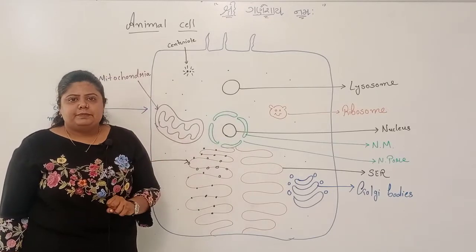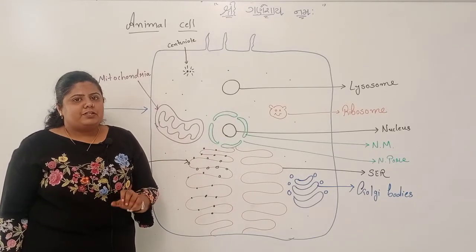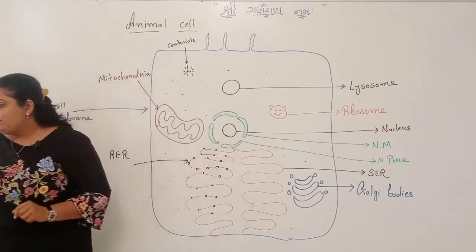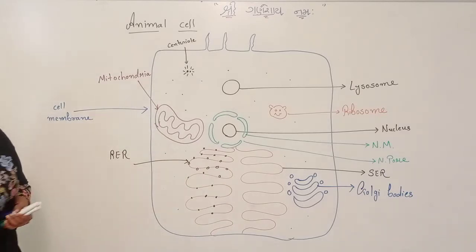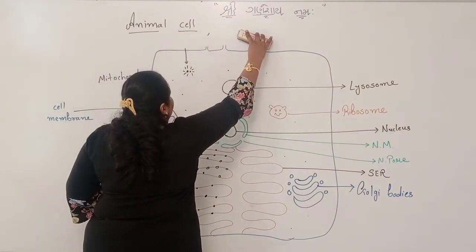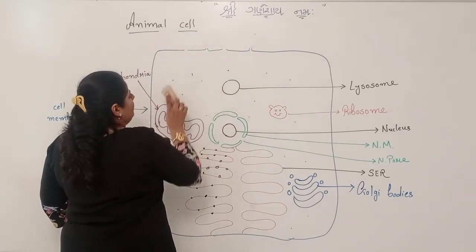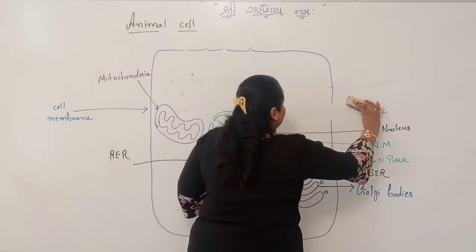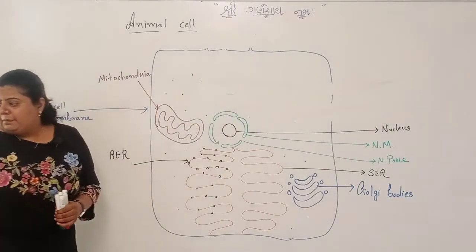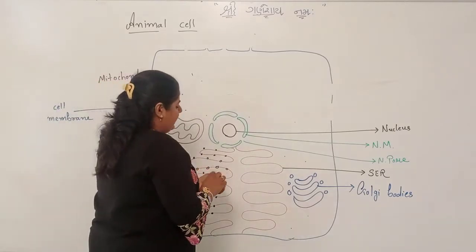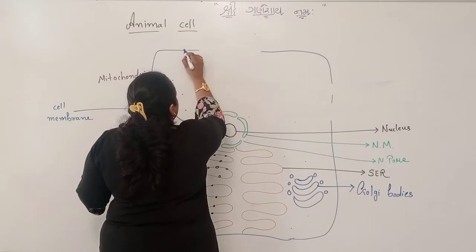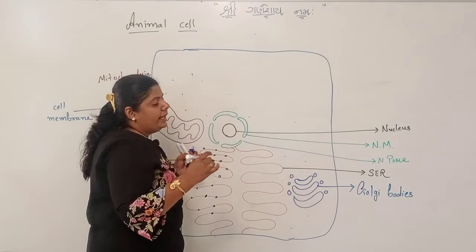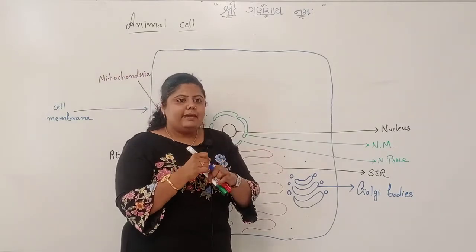Now in the plant cell, 2 organelles are extra. So now I am converting the animal cell into a plant cell, but you have to draw both of these cells separately. Ready? Centriole out, lysosome out, ribosome out. Okay? So in the plant cell, as you know, the plant cell is covered by a cell wall that provides shape to the plant cell and protects it from mechanical damage.